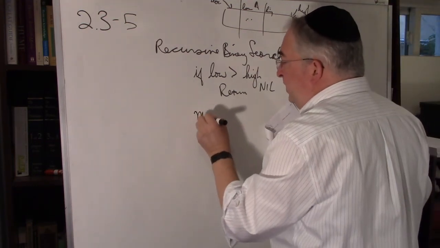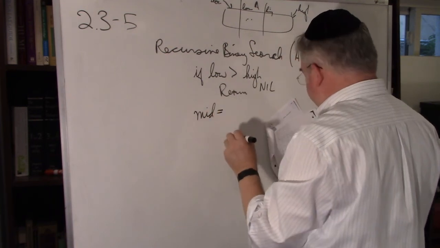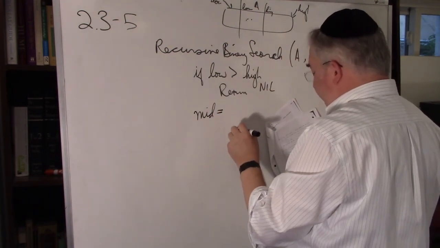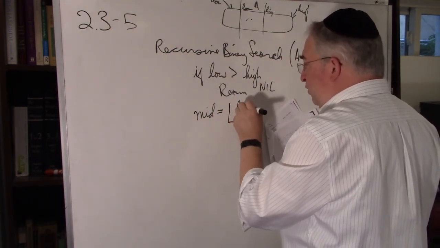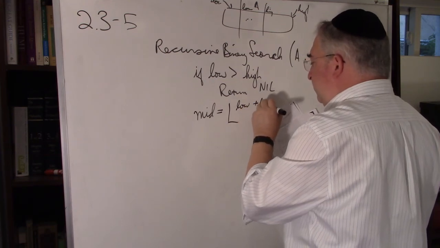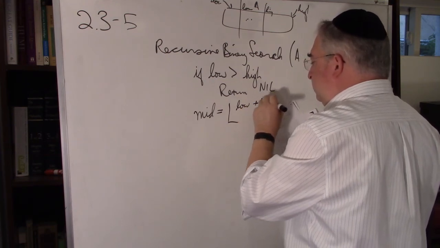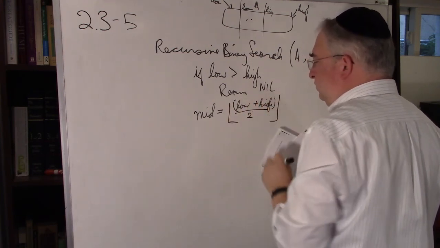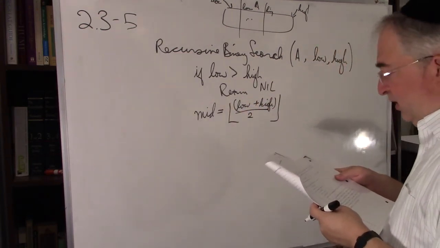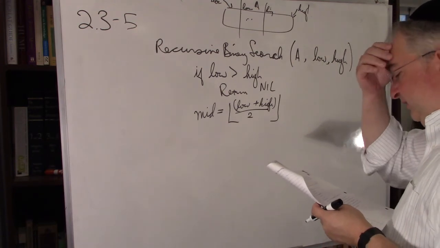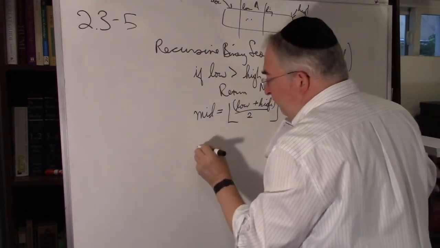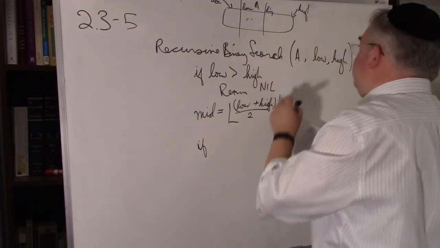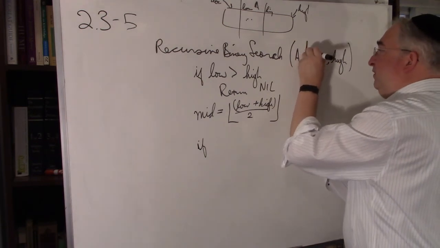Otherwise, mid equals low plus high divided by 2. That's the midpoint. We'll take the floor of that. Oh, I'm sorry, we're searching for K. K is the key.